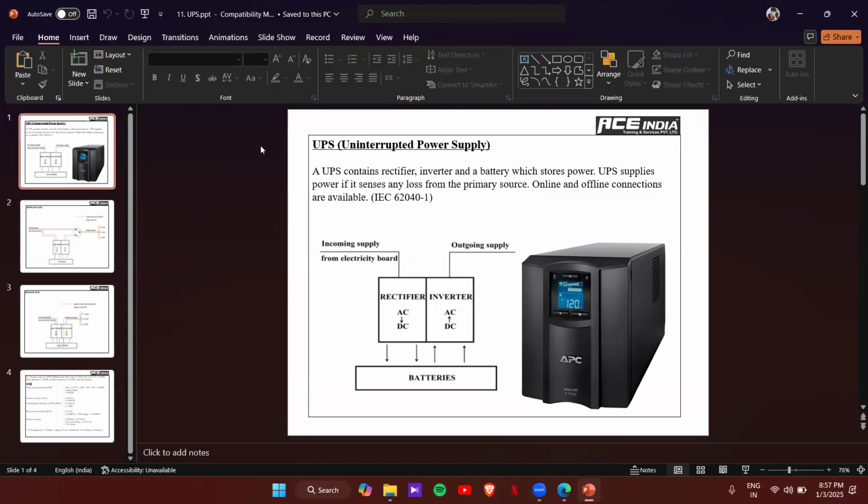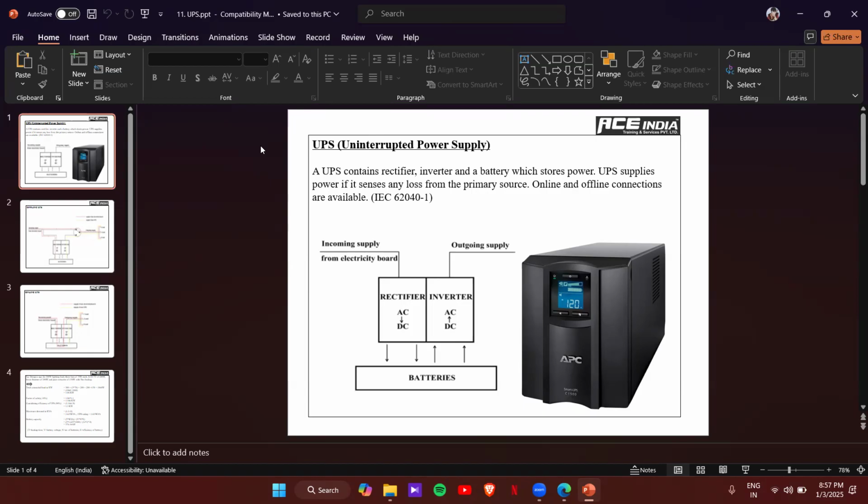Even if we have a DG, server rooms will have UPS backup. Or in the case of hospitals, even if we have a DG, for conditions like operation theaters, ventilators, and incubators, we'll always have a UPS backup also, because those are critical or mandatory conditions. So we'll go for a UPS system as well.